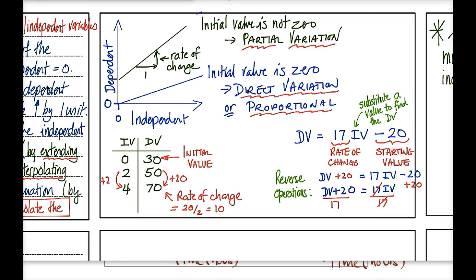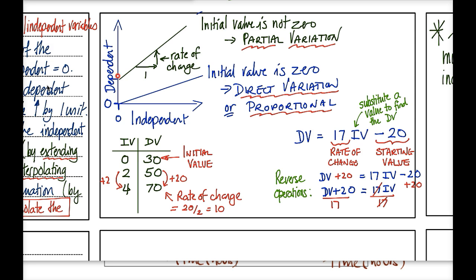So here in my example, I've got a graph, and my graph has, of course, the independent variable on the horizontal axis and the dependent variable on the vertical axis. This graph starts at the origin, or 0, 0, and this blue line here, where the initial value is 0, is an example of what we call a direct variation, sometimes called a proportional relationship.